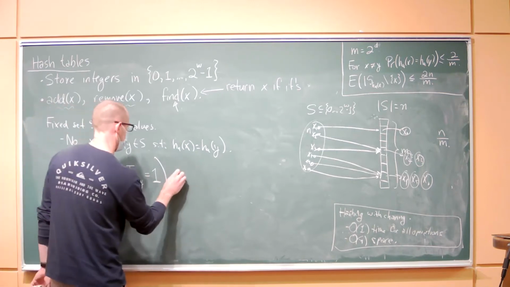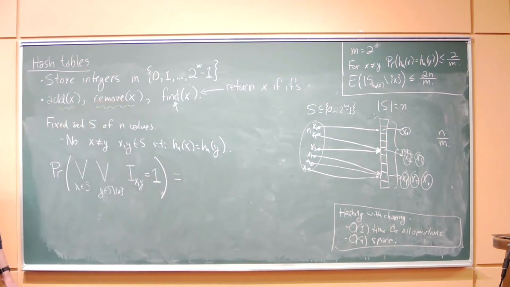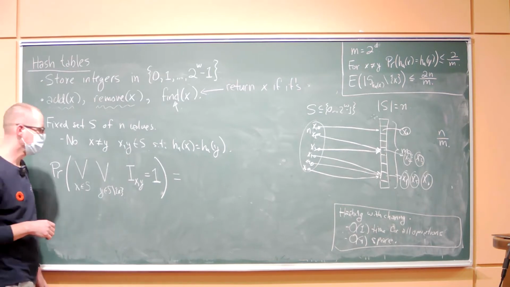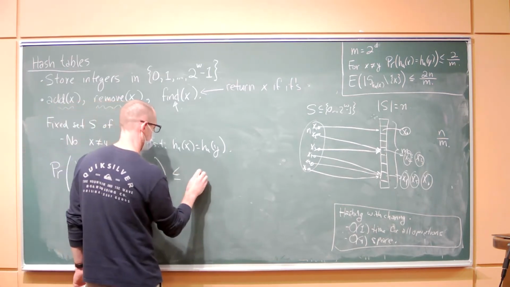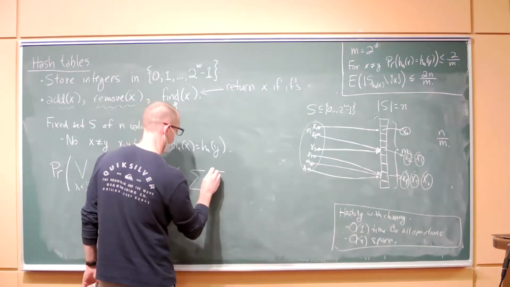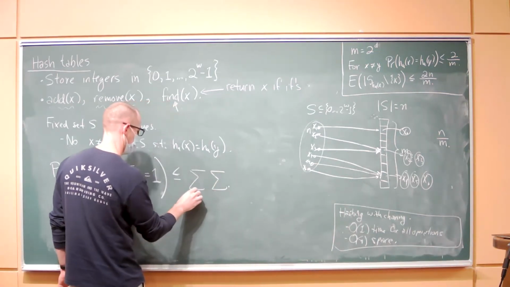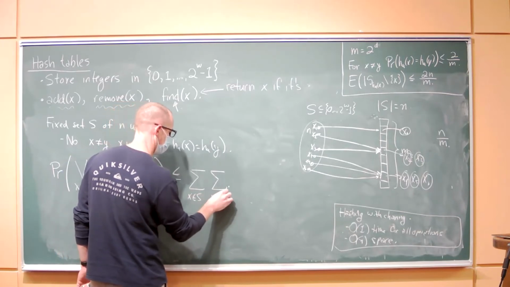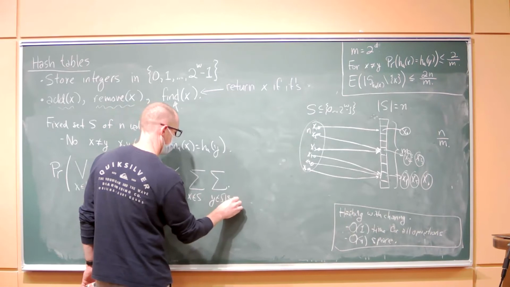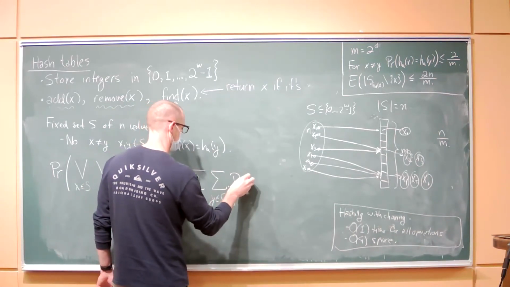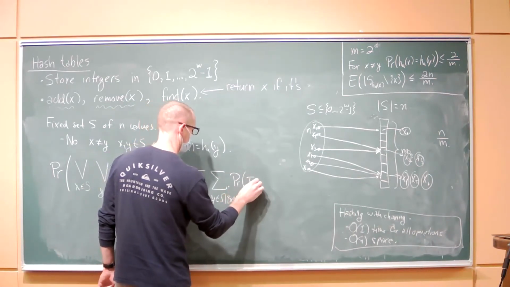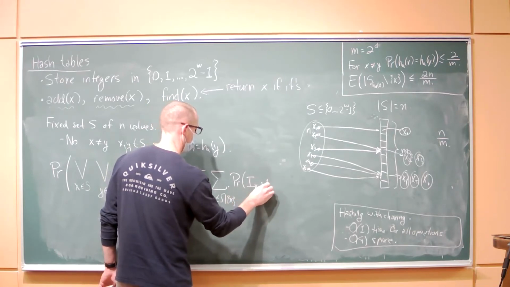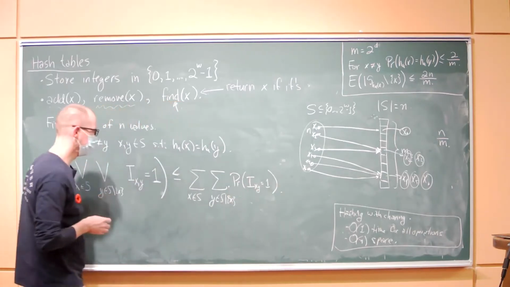And one thing that you may or may not remember is that to get an upper bound on the probability of that, I can just sum all the individual probabilities. So that's less than or equal to the sum over X, Y of the probability that I_XY equals 1.